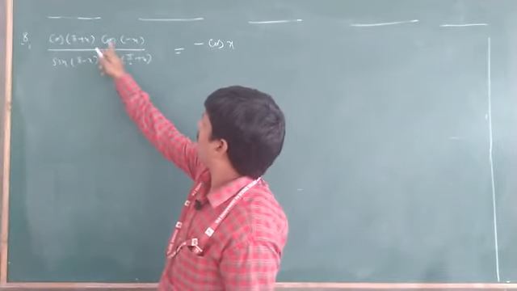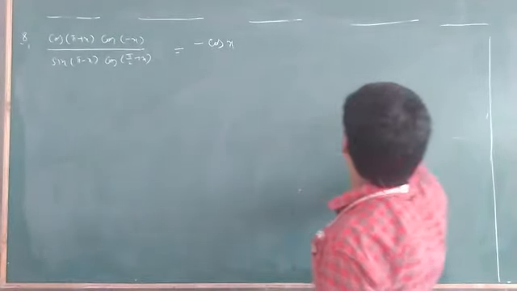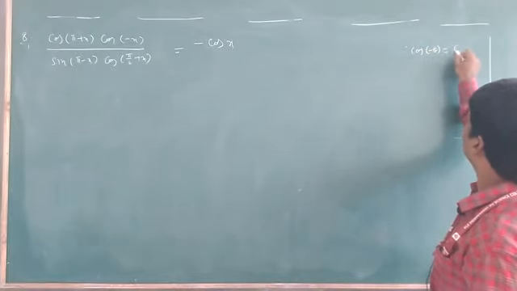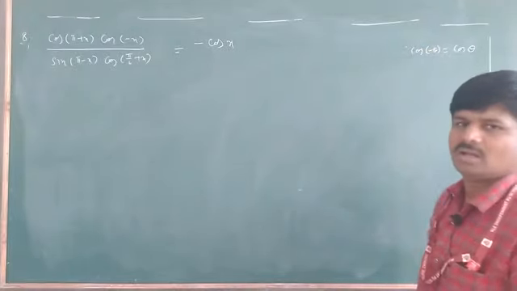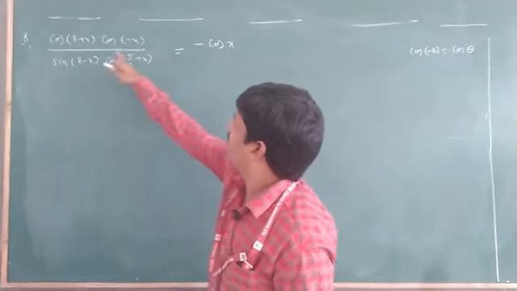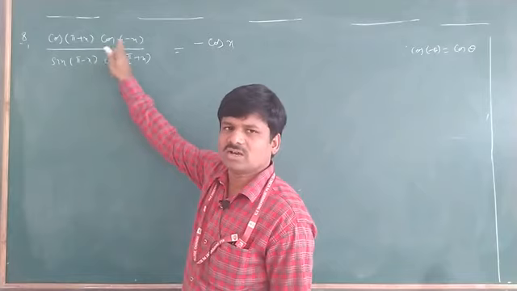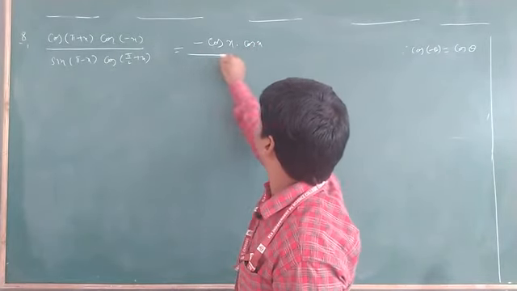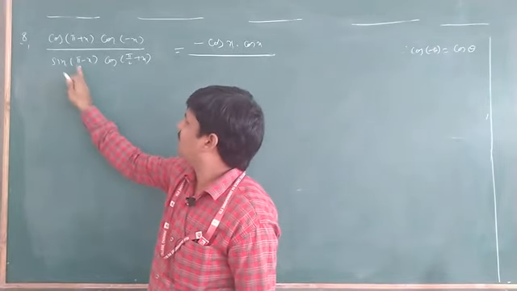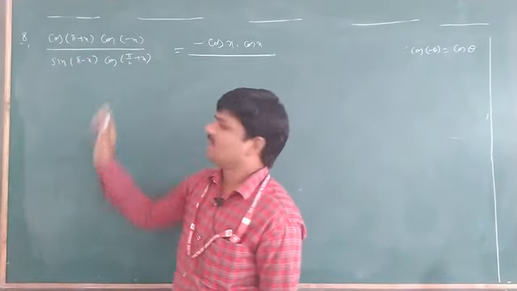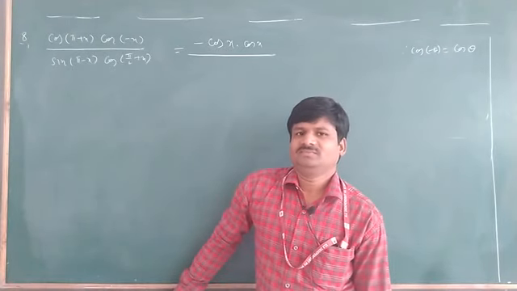And next, cos of minus theta. We already know the formula: cos of minus theta is equal to cos theta. So here, cos of minus x is equal to cos x, into cos x, by sin of 180 minus theta. 180 minus theta means which quadrant does it lie in?